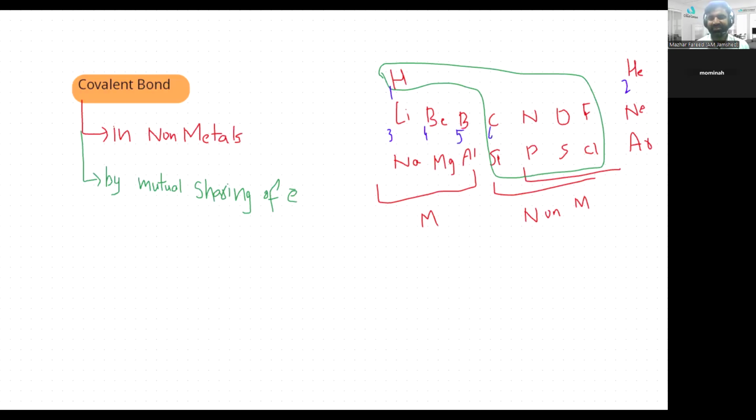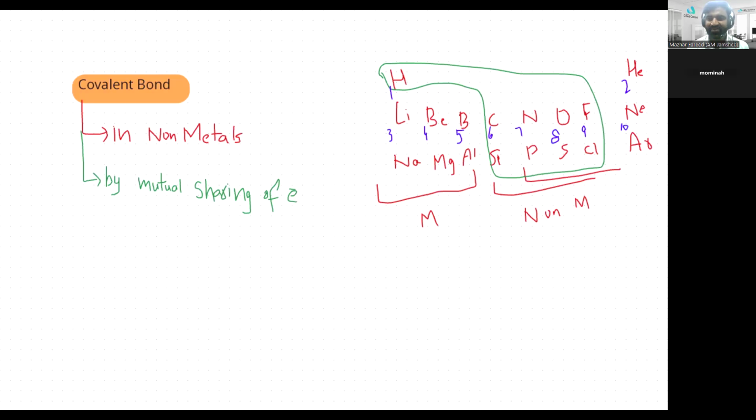Because this periodic table is arranged according to increasing atomic number. So the atomic number of nitrogen is 7, oxygen is 8, fluorine is 9, and neon is 10.